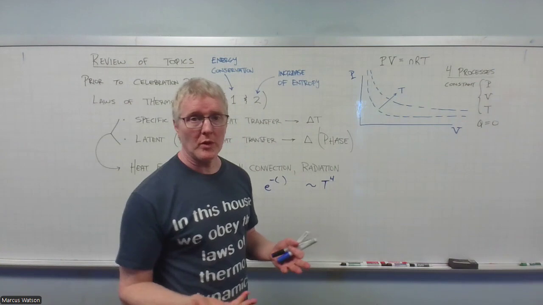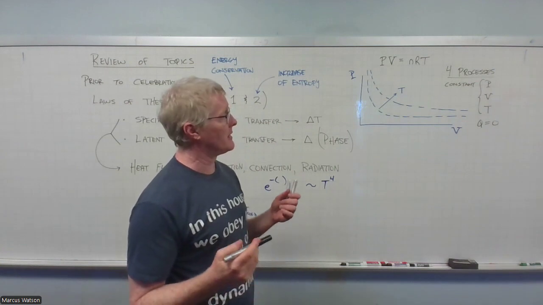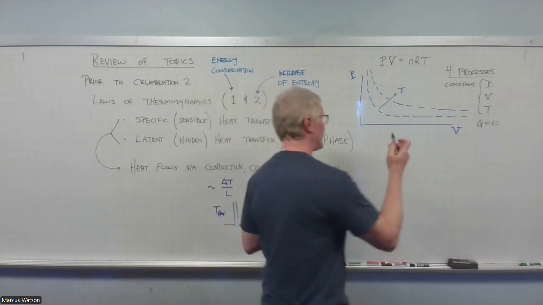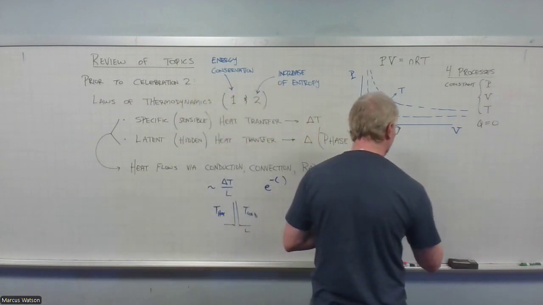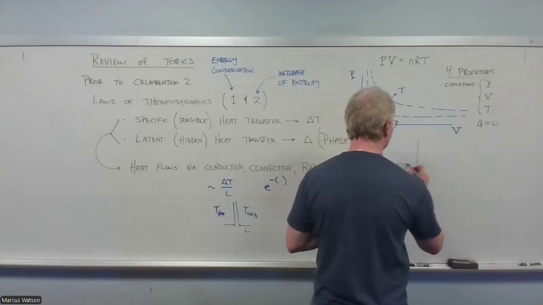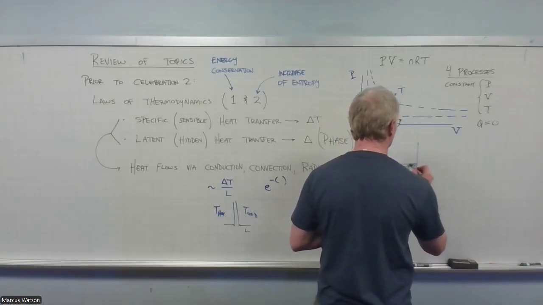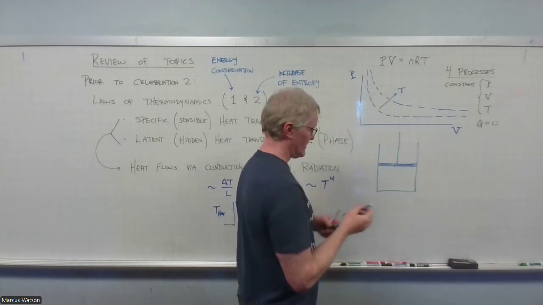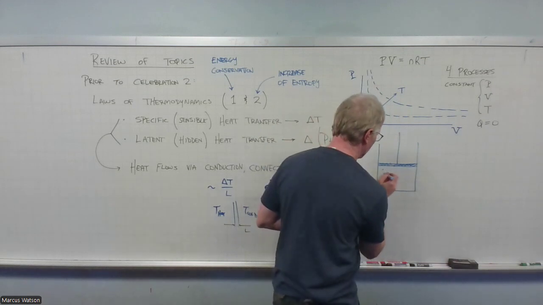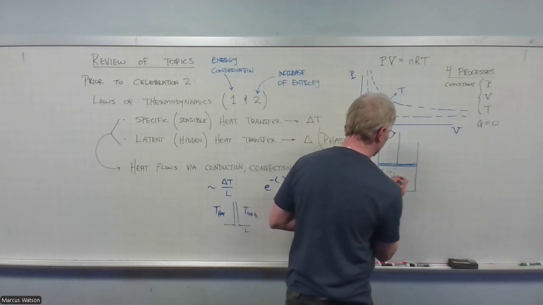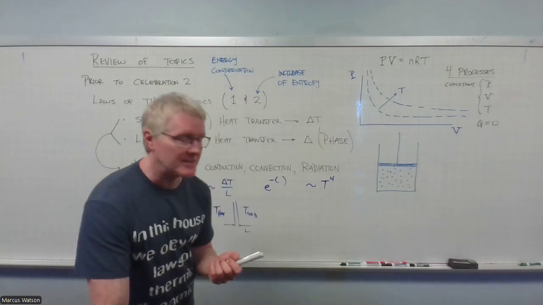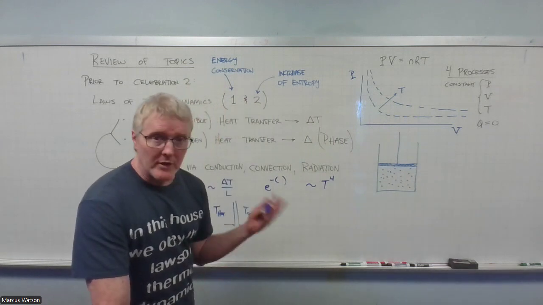And we investigated the work done on the gas, the work done by the gas, the heat transfer to the gas, and things like that, by considering a cylinder and a piston and making drawings of what we think is happening. So a gas inside a piston and a cylinder, we could do different things with it.